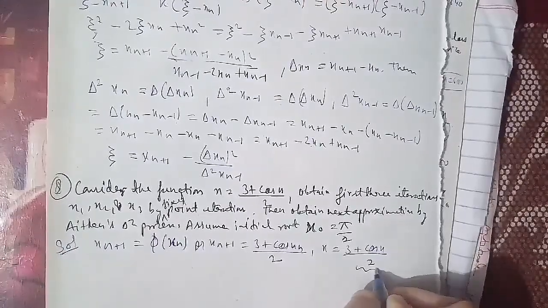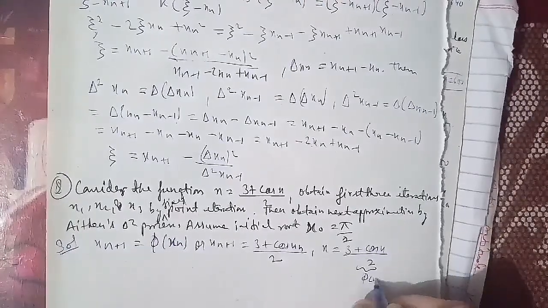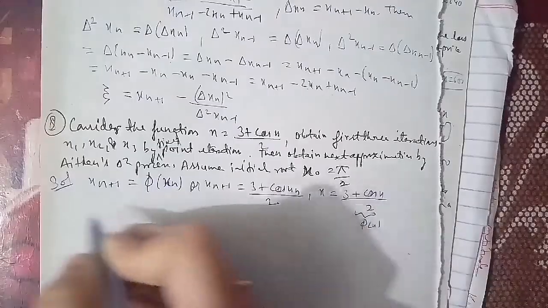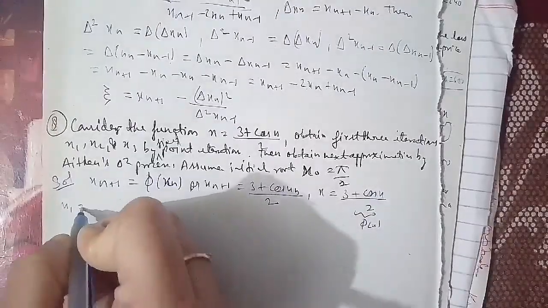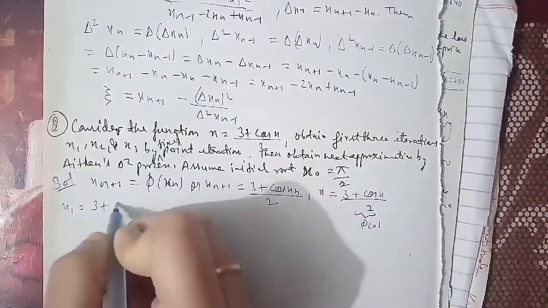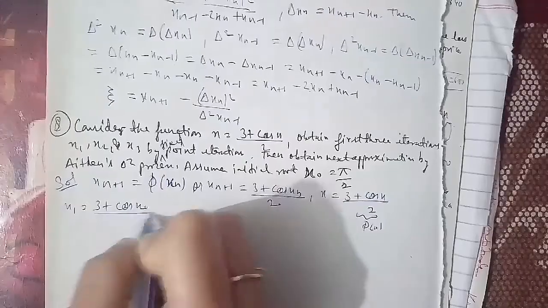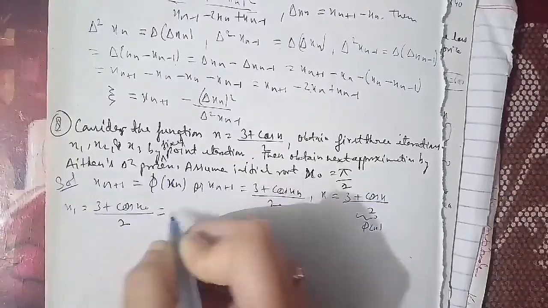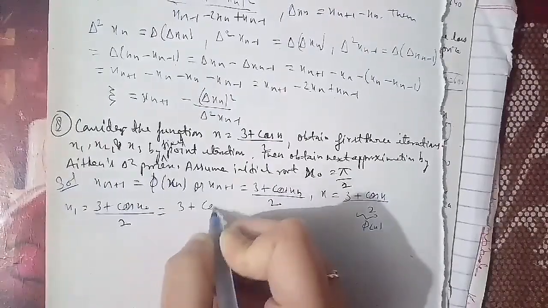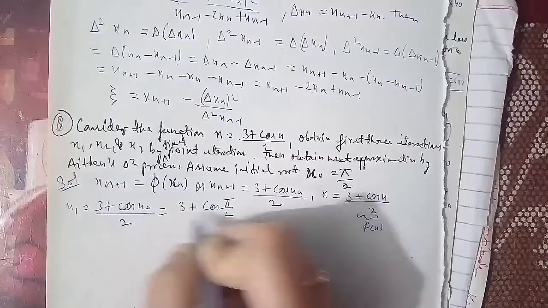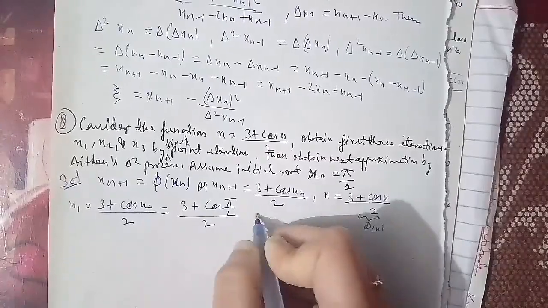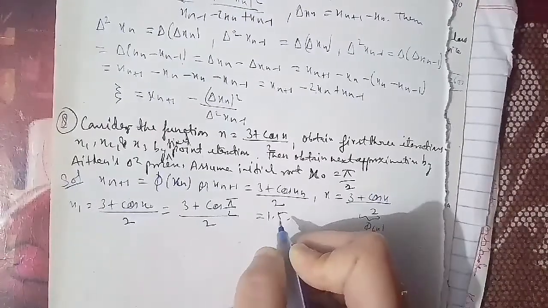This is phi of x. For x1, x1 equals 3 plus cos x0 upon 2, which equals 3 plus cos of pi by 2 whole upon 2, which gives the value 1.5.